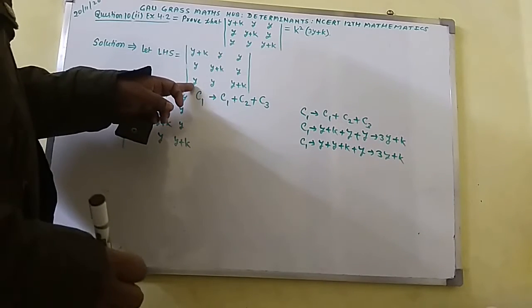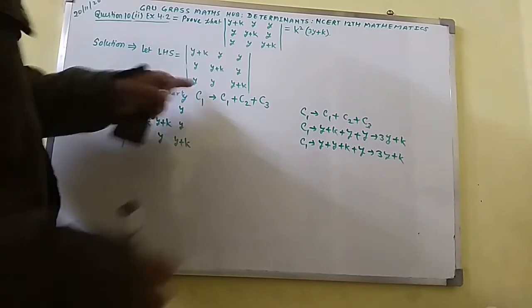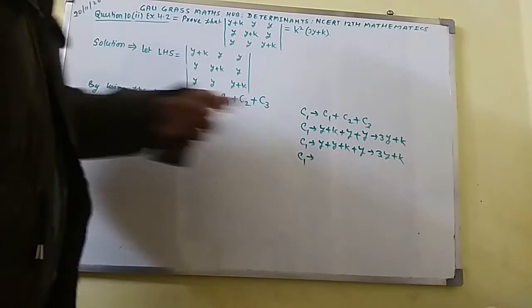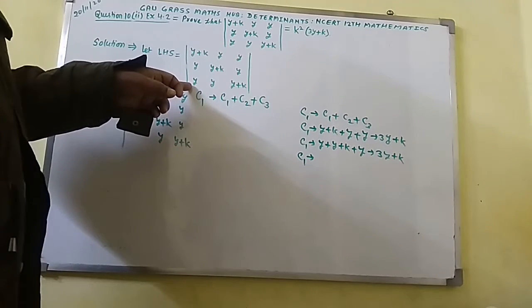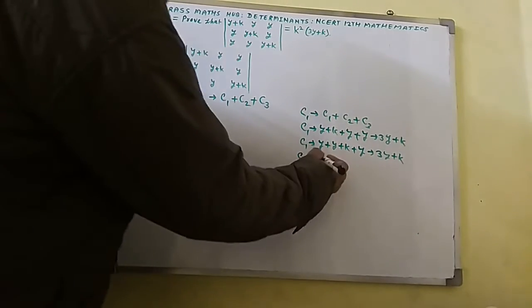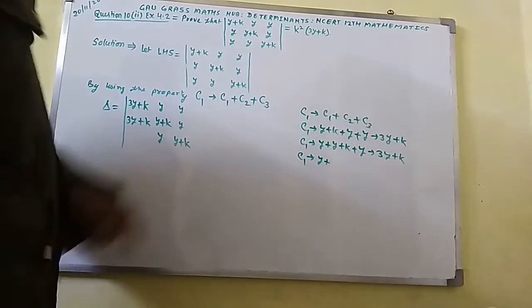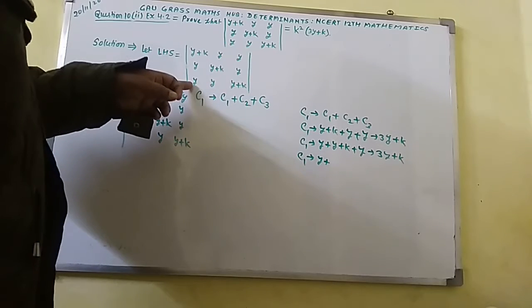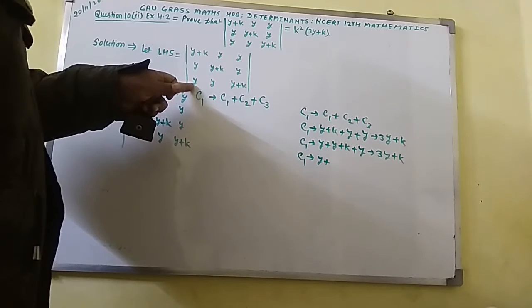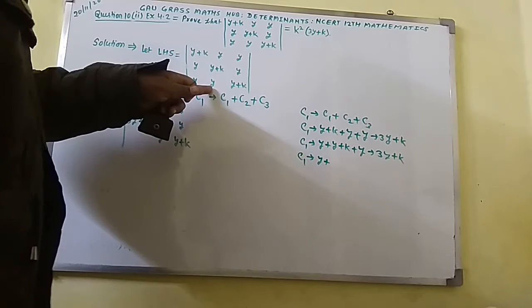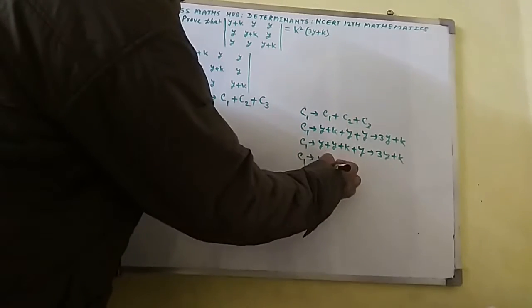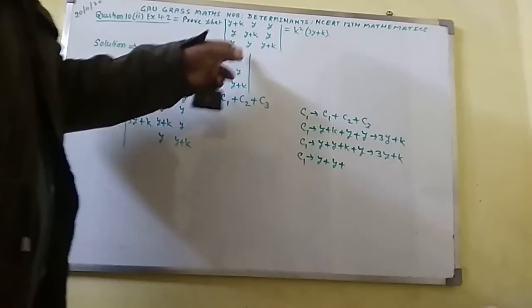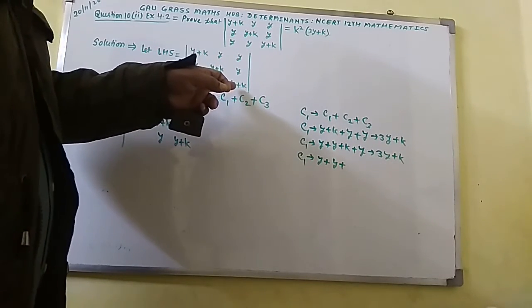And for this element y, here I shall write C1 goes to, for C1 if I take the element of C1 as y, so here write y plus, for C2 I shall refer second column. The corresponding element of y in the second column will be y here. Plus, for C3 I shall refer third column.